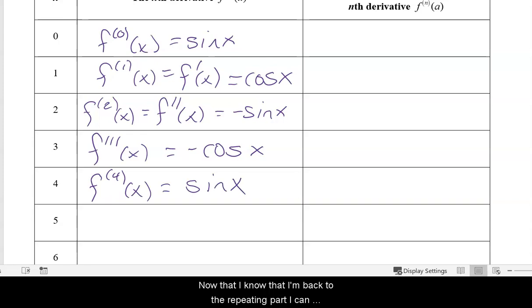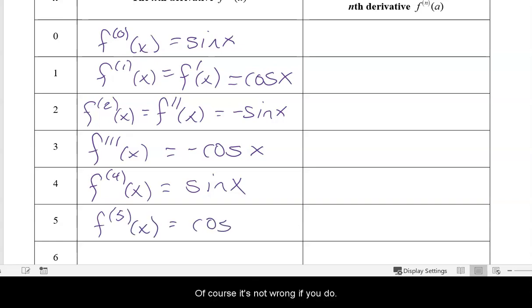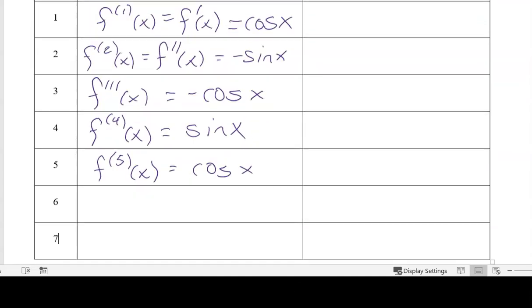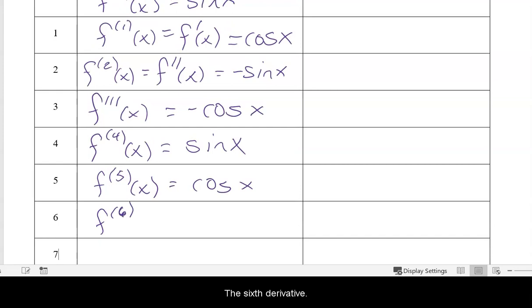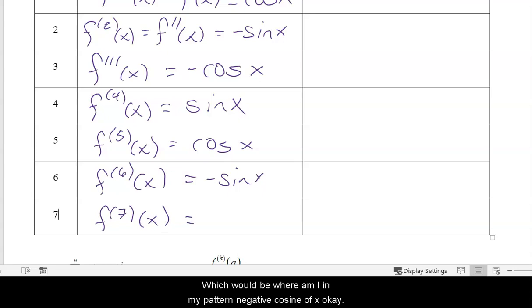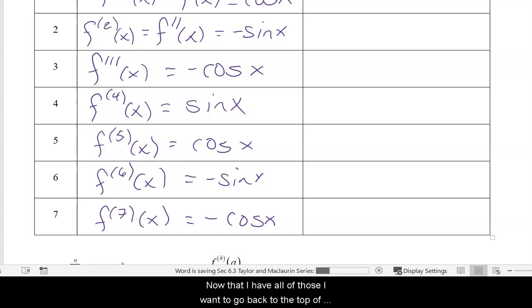Now that I know that I'm back to the repeating part, I can simply write the rest down and I don't actually have to compute them, though of course it's not wrong if you do. And the last two would be the sixth derivative, which would be negative sine of x, and the seventh derivative, which would be, where am I in my pattern? Negative cosine of x.